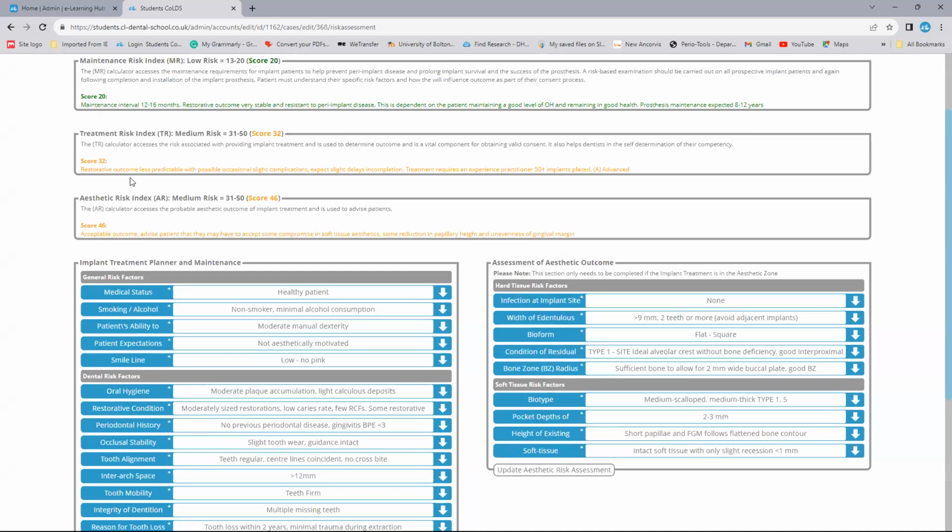So, restorative outcome: less predictable, with possible occasional slight complications. Expect slight delays in completion. The treatment requires an experienced practitioner who has placed at least 50 implants, and this is an advanced type of case.